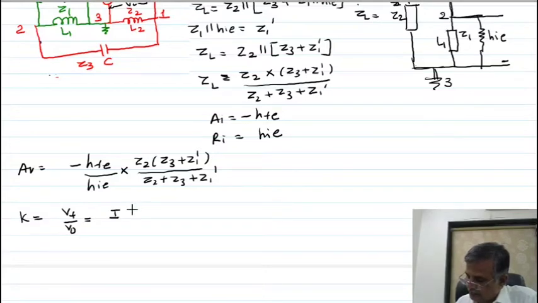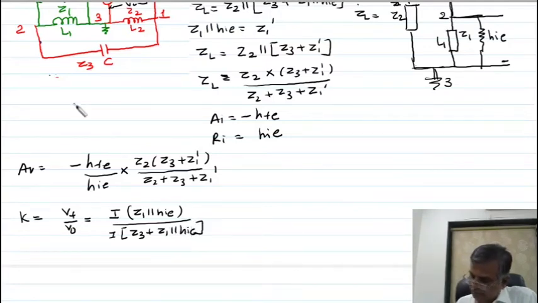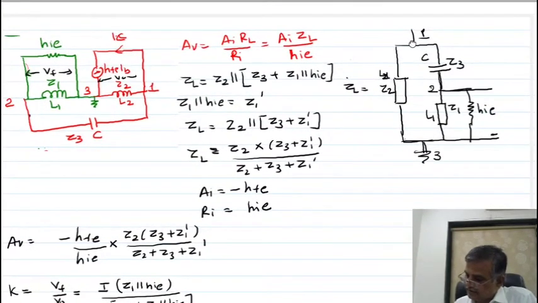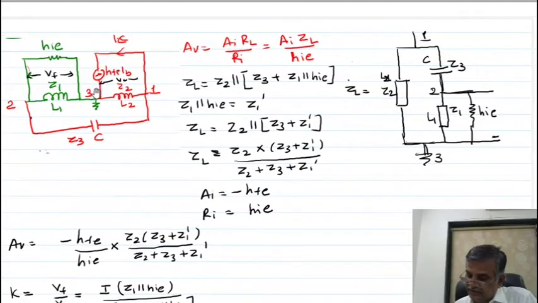Current is nothing but you can write it as Z1 parallel HI upon current into Z3 plus Z1 parallel HI. Let me explain. See, voltage is developed between 1 and 3, the output voltage.